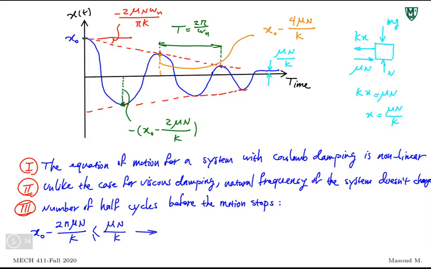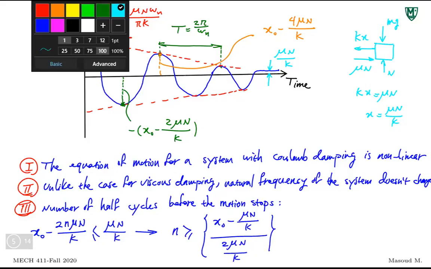If you do that, I'll save you from the headache. I'll just do the last thing and take n out of this. So n would be greater than or equal to, if you do this, you'll get this relationship: x naught minus mu n over k, divided by 2 mu n over k.